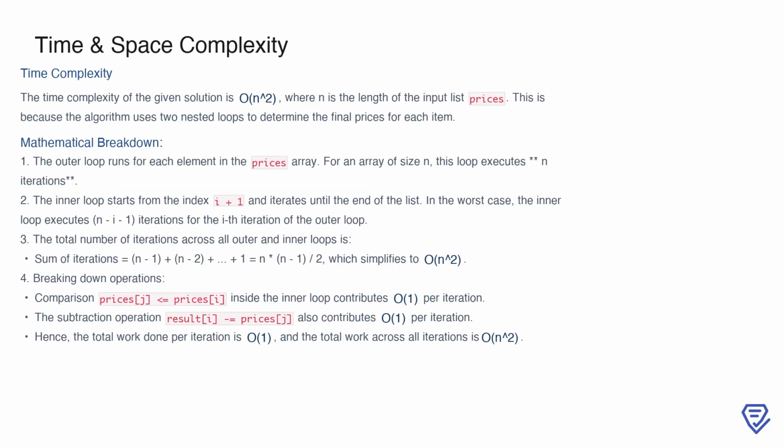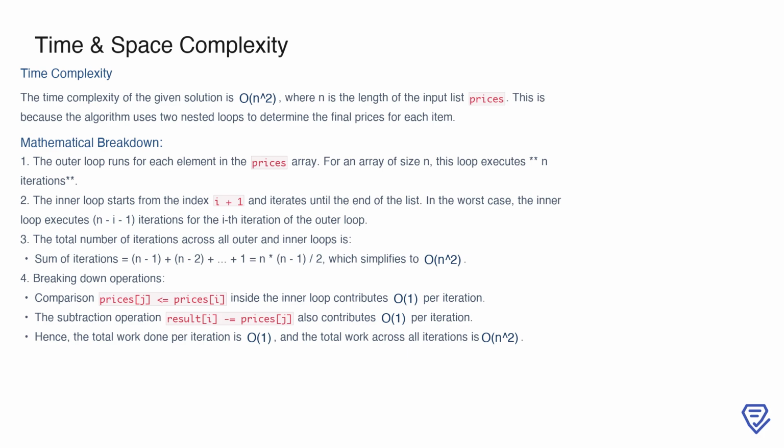The time complexity of the given solution is O(n²), where n represents the length of the input array, prices. This is because the algorithm involves two nested loops. The outer loop iterates through each element in the prices array, contributing n iterations, and the inner loop begins from the index just after the current element and continues to the end of the array. In the worst case, the inner loop executes n-(i+1) iterations for the ith iteration of the outer loop.